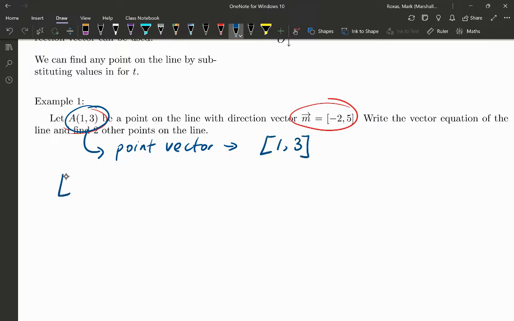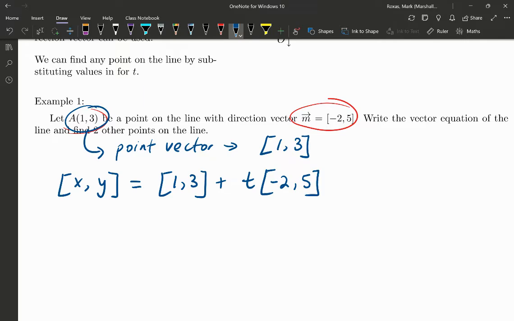So my vector equation of a line, represented by the point vector [x, y], is equal to the starting point we are given, [1, 3], plus some scalar multiple of the direction vector, so t times [-2, 5].